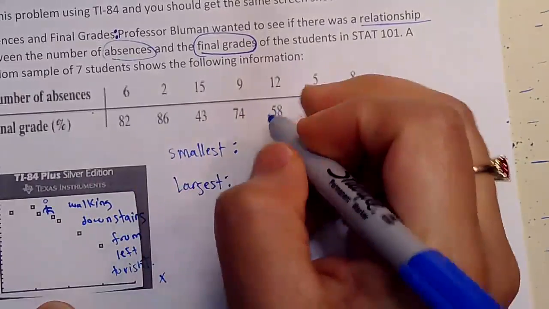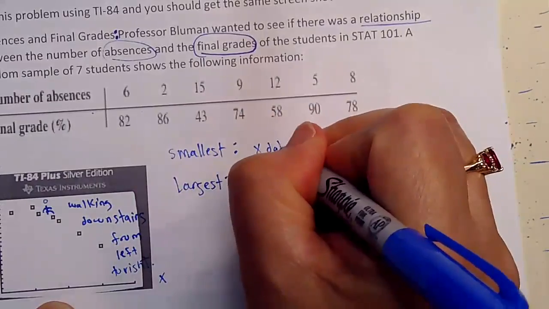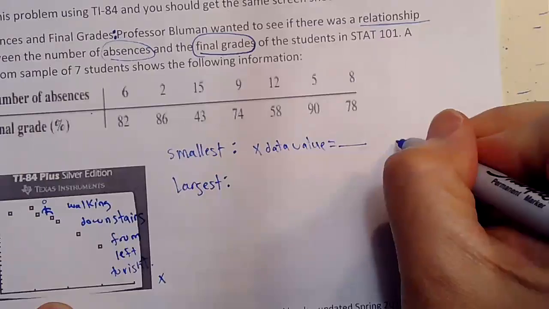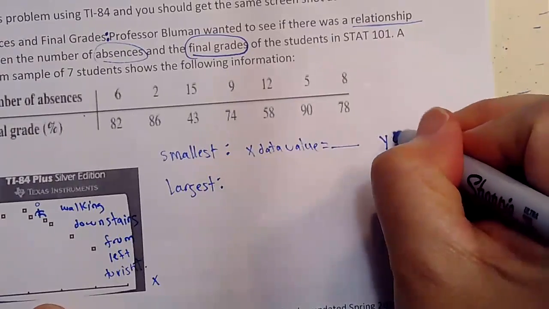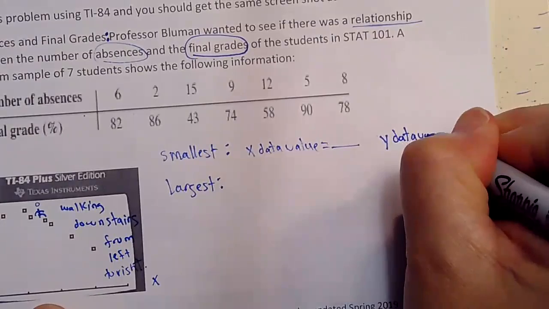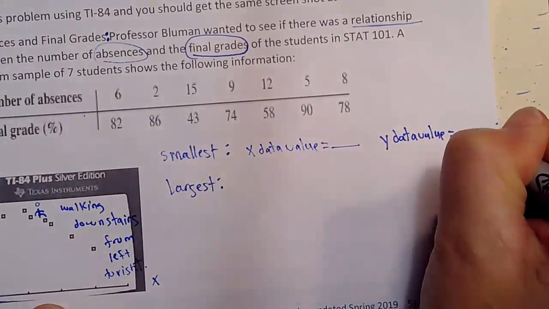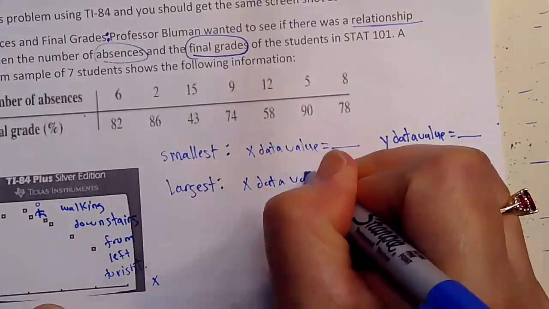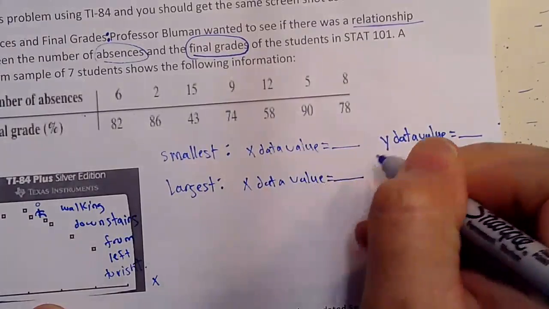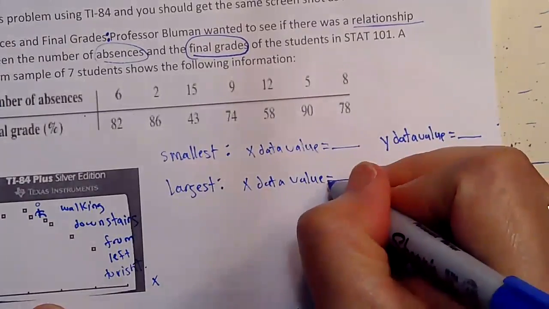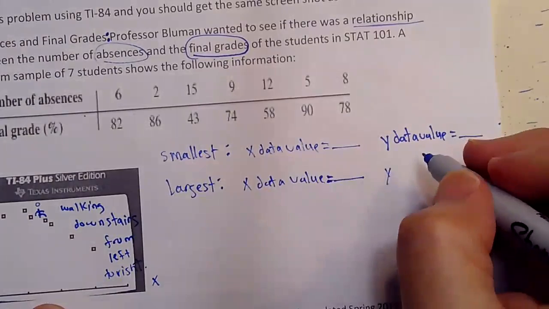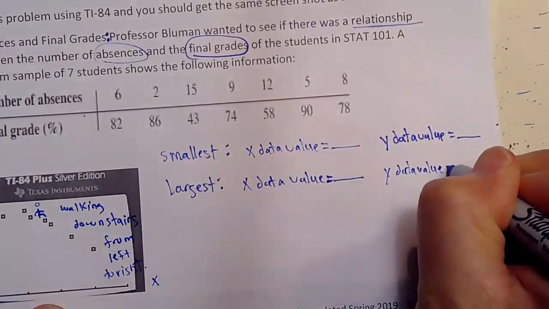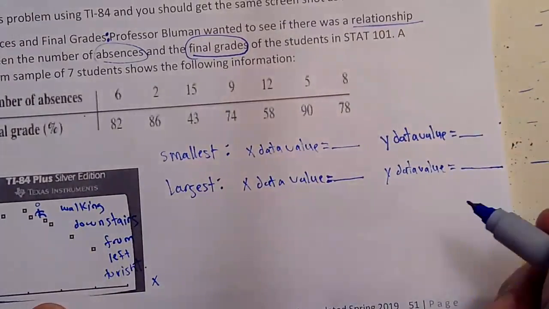So I have the smallest X data value, and then the smallest Y data value, the largest X data value, and the largest Y data value.